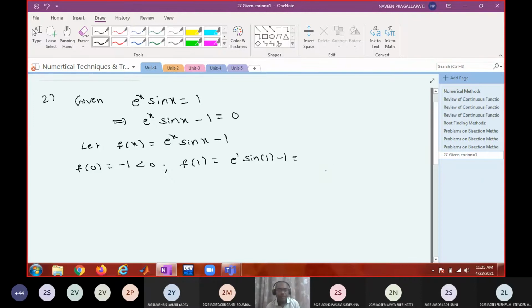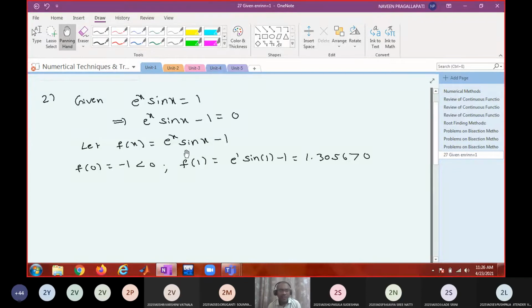Can you tell me? Are you there? What is e sin 1? It is 1.3056, which is greater than 0.